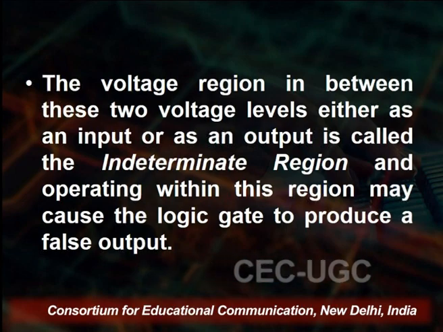So the voltage region between the two voltage levels, either as input or as output, is called the indeterminate region, and operating within this region may cause the logic gate to produce a false output.